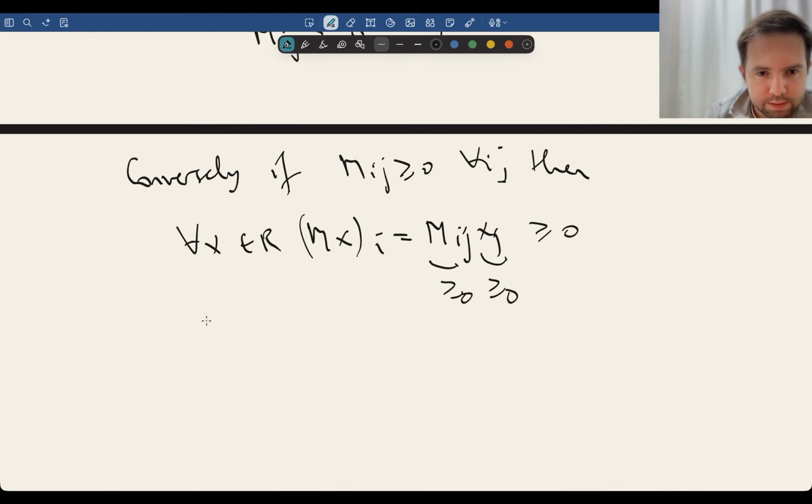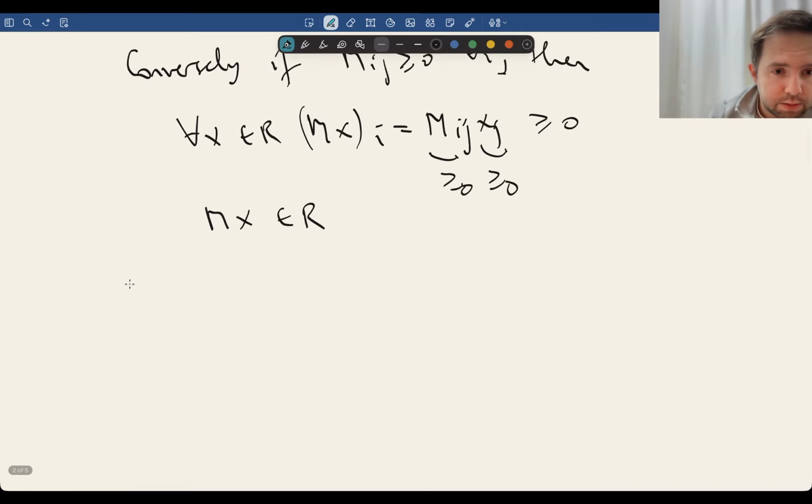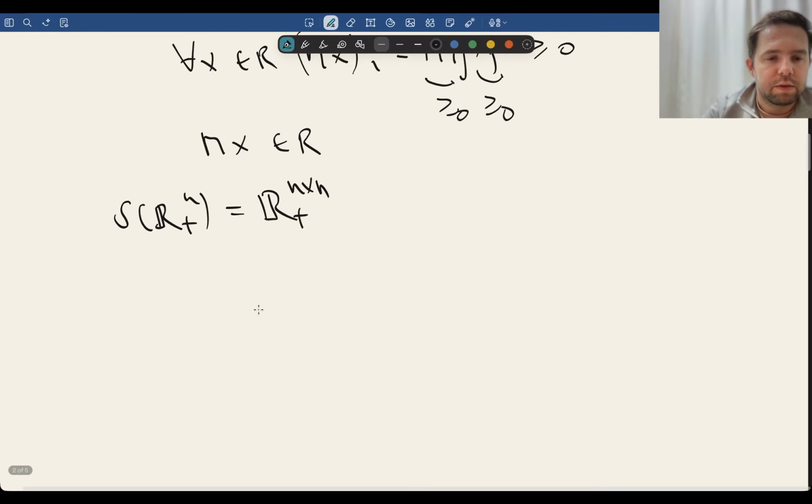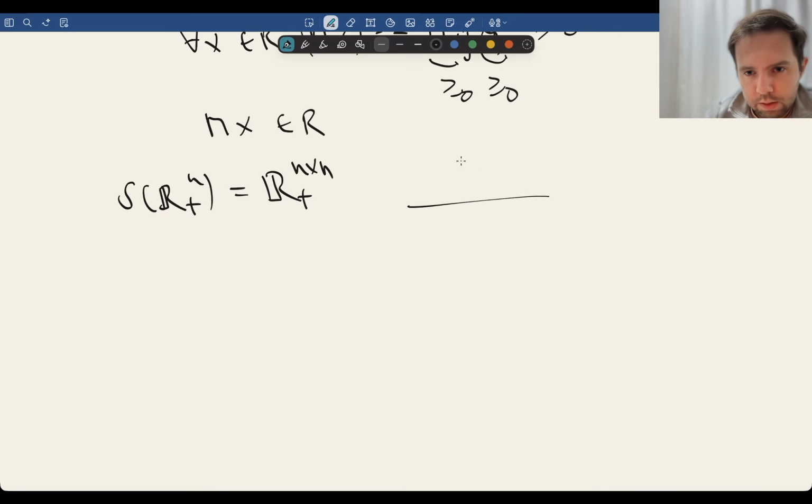And so this implies that Mx is in R. So this means that we have shown that S(R) is R_+^(n×n). So if we want to stabilize the cone, this region where all the entries are non-negative, then we need to take a matrix whose entries themselves are in that region.